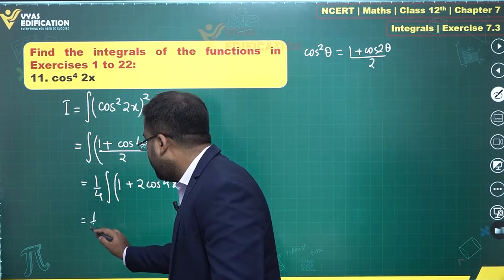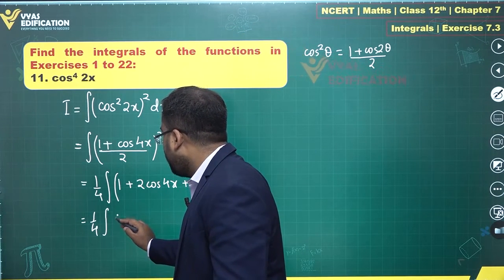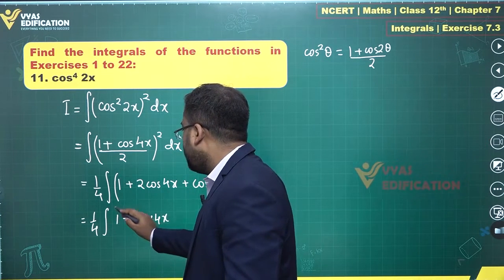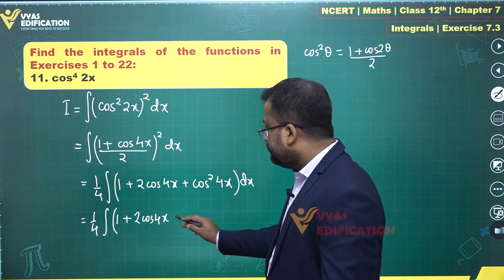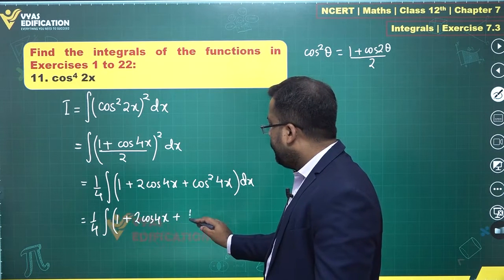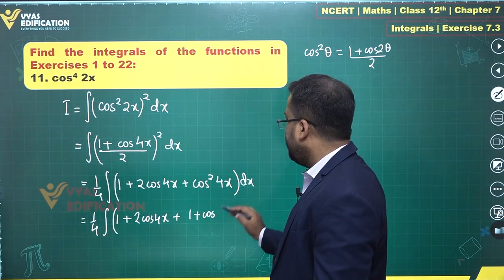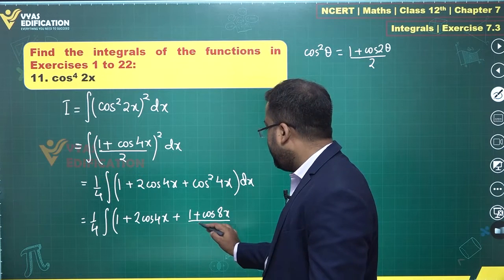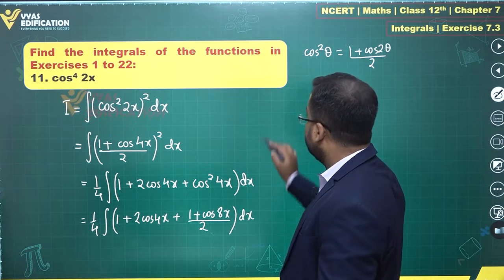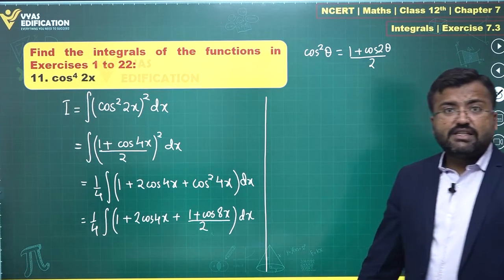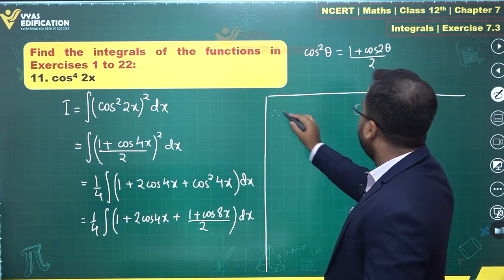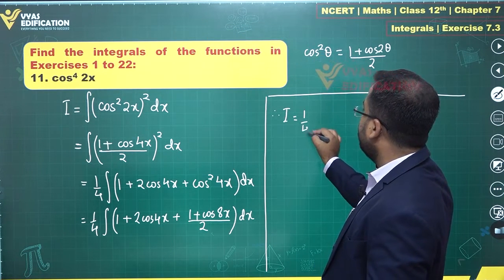Let's do that. 1 by 4 outside, integral of 1 plus 2 cos 4x in the bracket, plus cos square theta is 1 plus cos double of this angle, 8x, by 2, in the bracket dx. Yes. Now each and every term is integrable, therefore I is equal to 1 by 4 waiting outside.